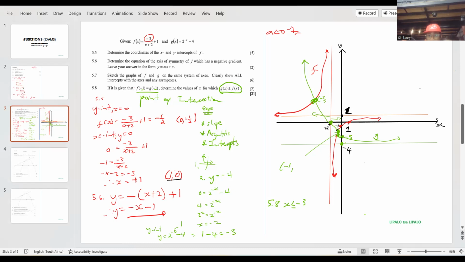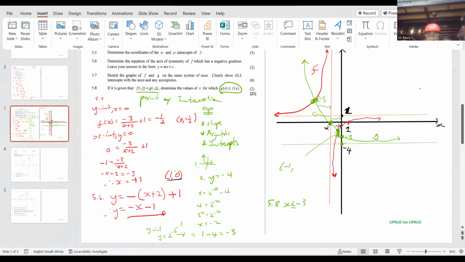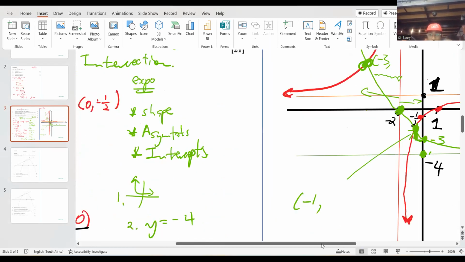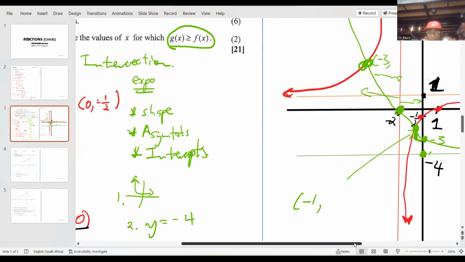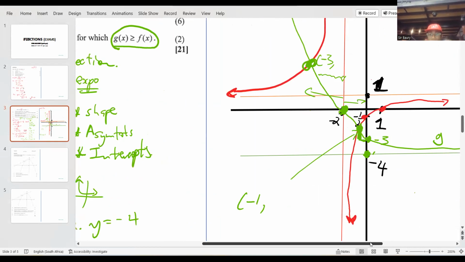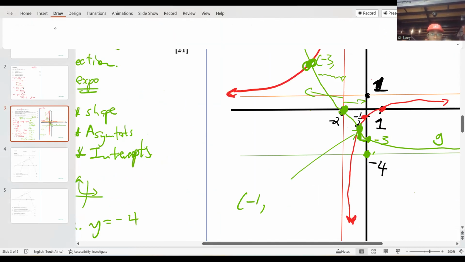But just after -3, in the space between -3 and -2, the red one is at the top. So let's look from -2.